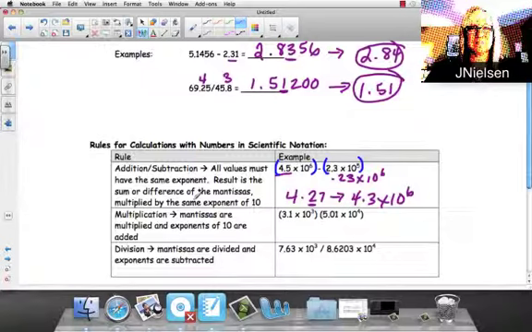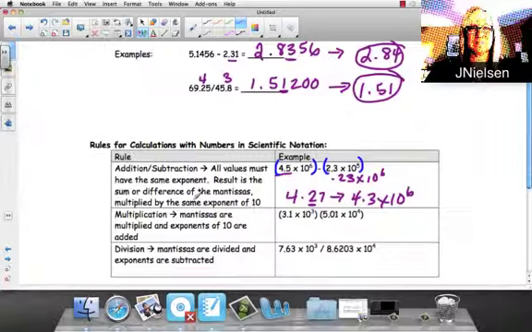So in this one, if we multiply these two values, and I'm just going to do it in my calculator because it certainly makes it a whole lot easier. I'm going to put parentheses 3.1 times 10 to the 3rd, and I'm going to multiply that by 5.01, and that's in parentheses, times 10 to the 4th.